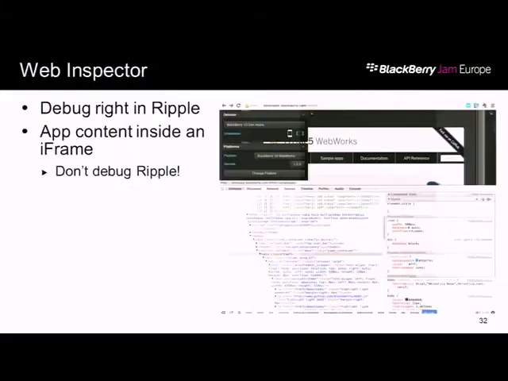Good question. The question was, what is the name of the actual iframe? If you start Web Inspector by right-clicking on an element that's within your application content, it will immediately default to that particular element of the DOM tree, and then you could step back. I'm not exactly sure what the name of the iframe is. Maybe viewport container?